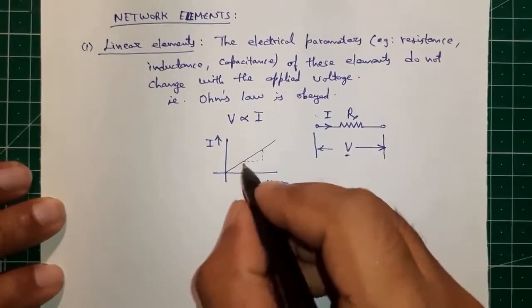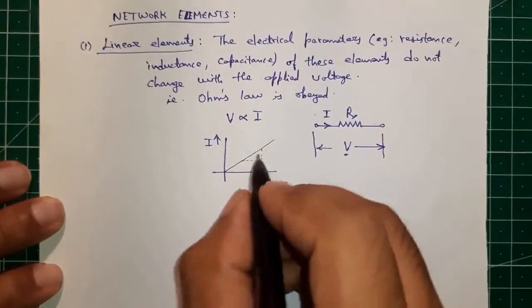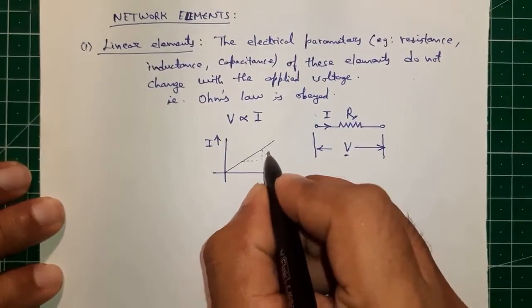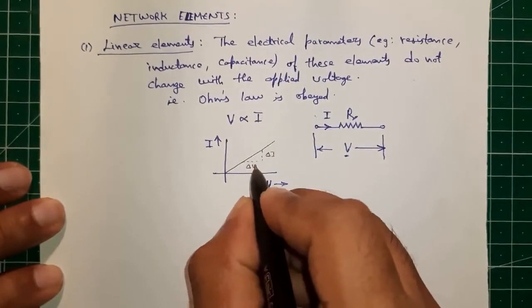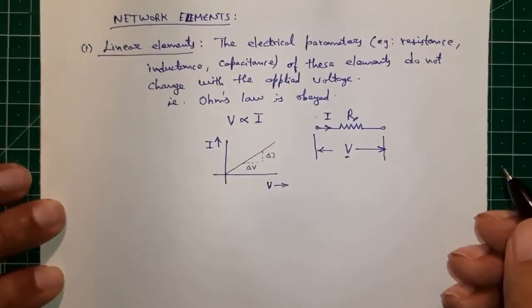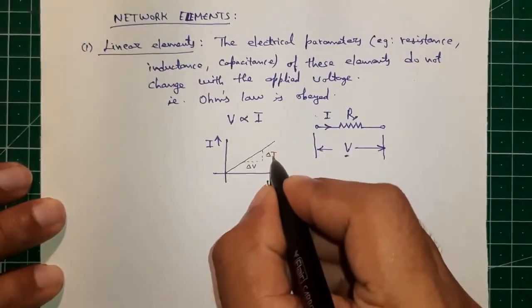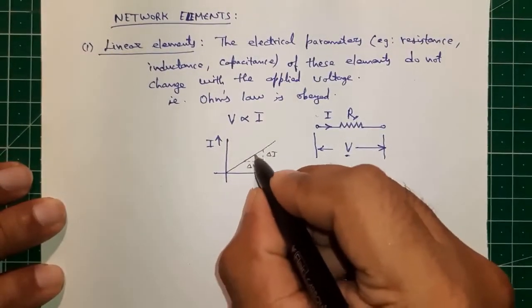Okay, so delta I is delta I. This is the slope.